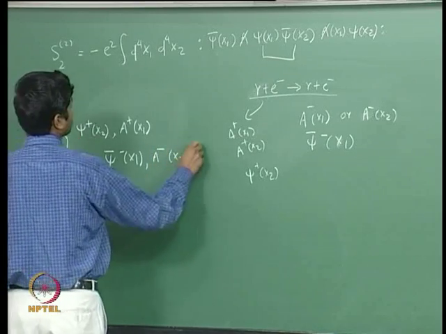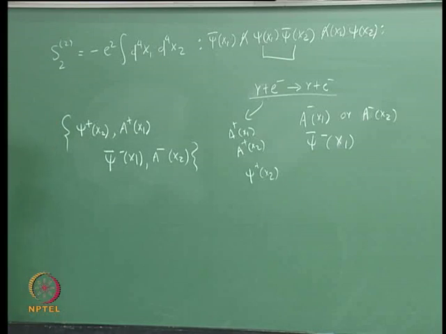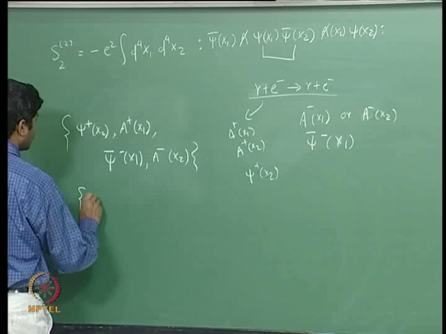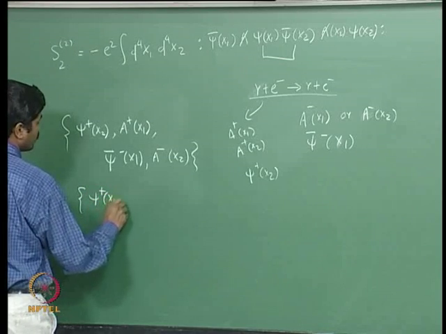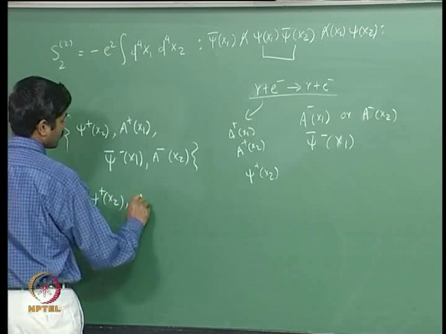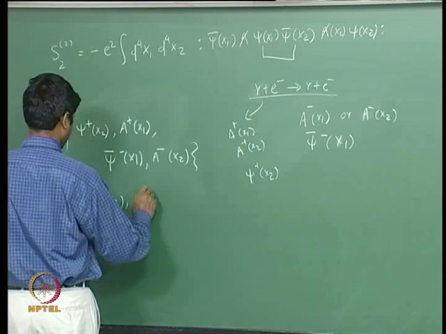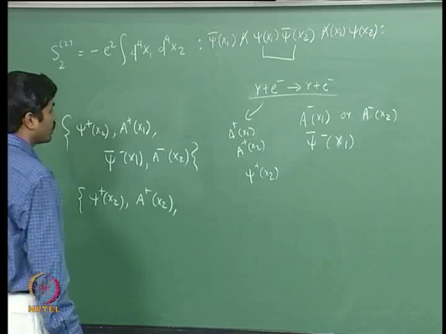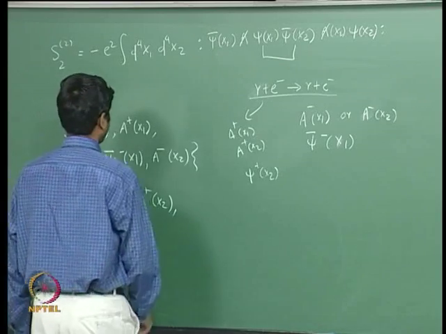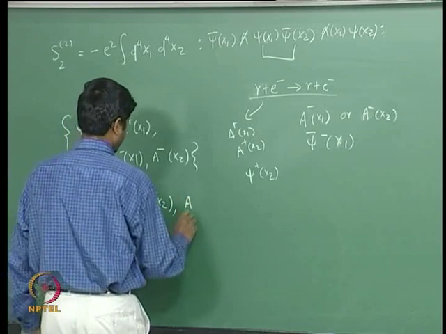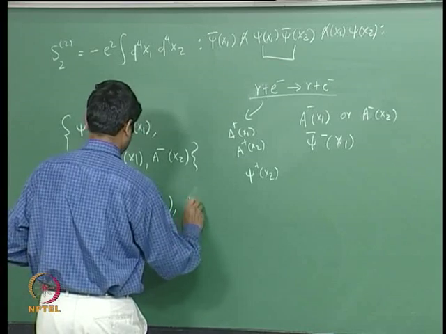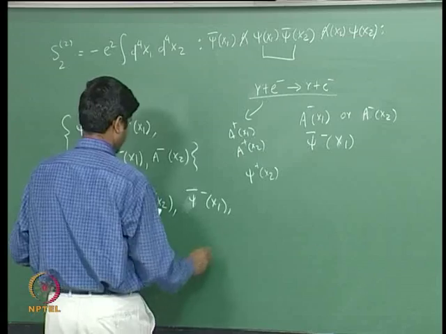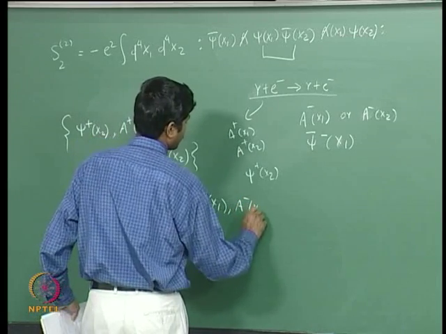Either it should contain this pair, or it can also contain psi plus of x2, A plus of x2, then psi bar minus of x1, A minus of x1.